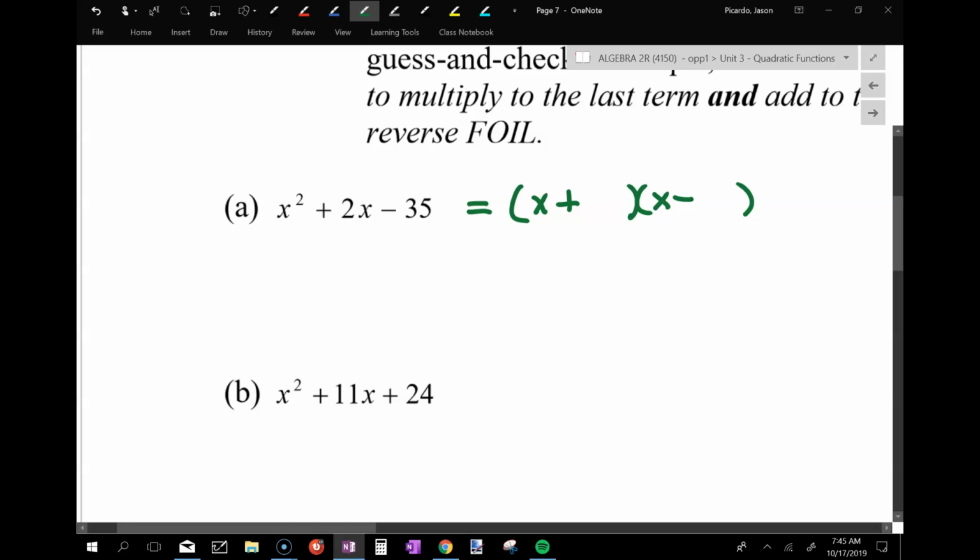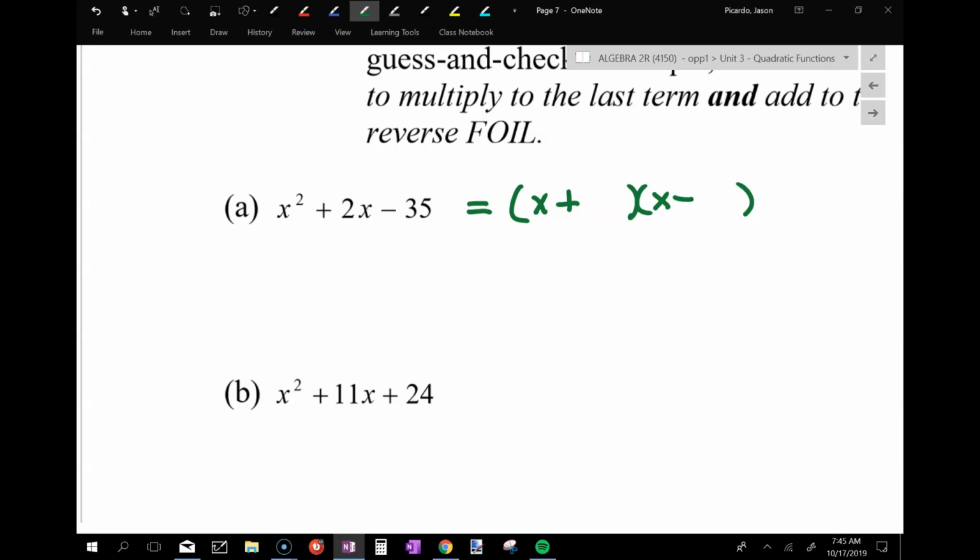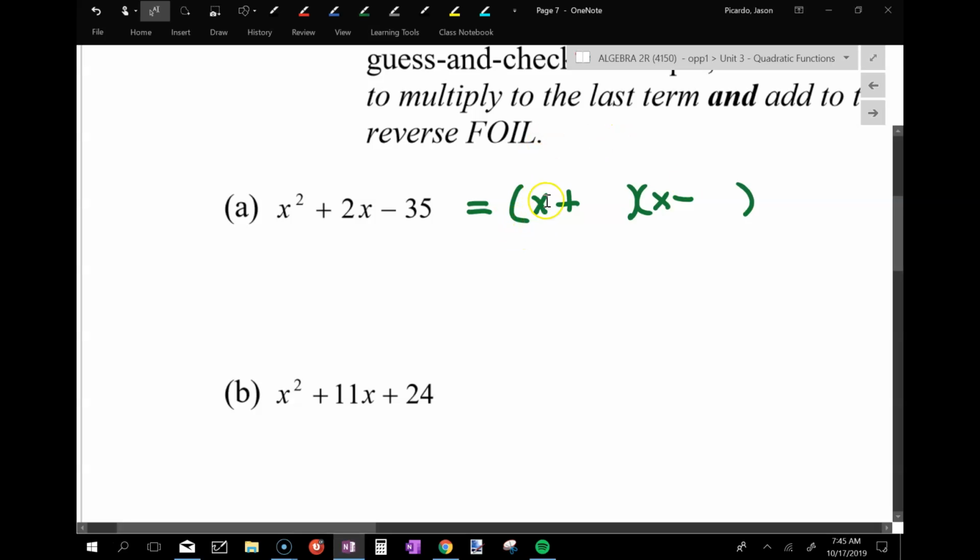Now, guys, somebody who struggles in math is going to ask themselves, why is this one positive and why is this one negative? Guys, you can put them in either order. Do you agree with that? Okay, you guys agree with that?